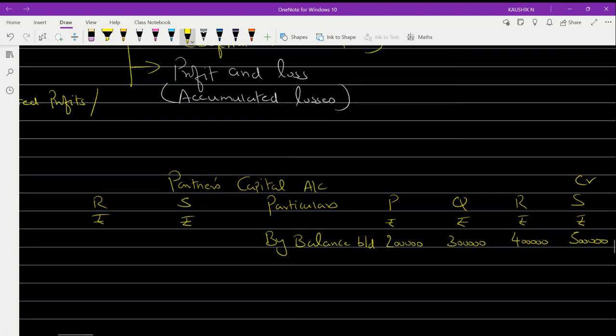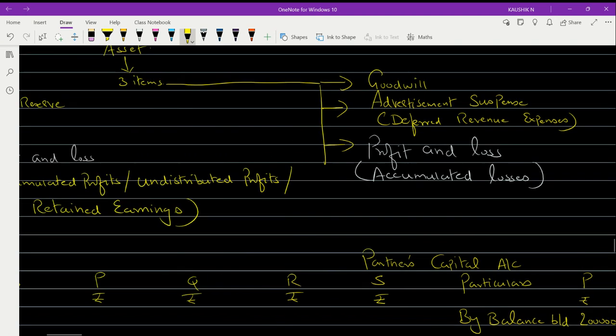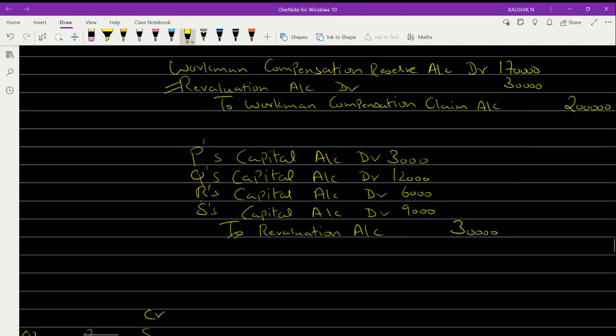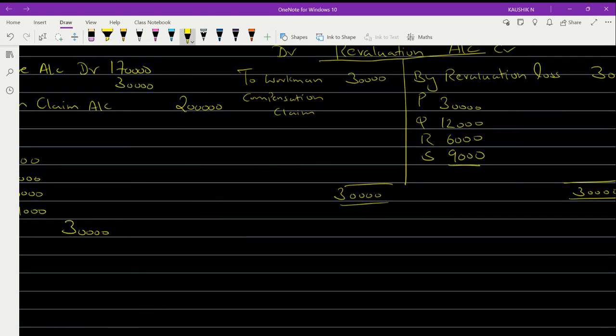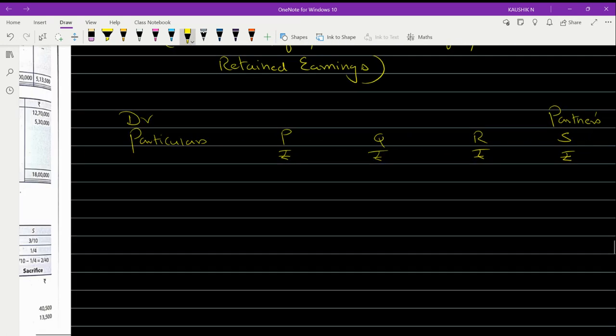According to the given question, we had the loss on WC, so the loss on revaluation should also be brought into the picture. How are you going to bring it? By revaluation account, there is the revaluation loss, 3, 12, 6, 9.